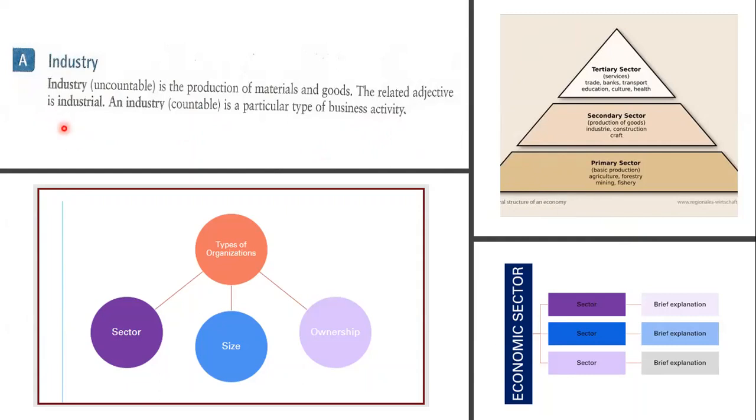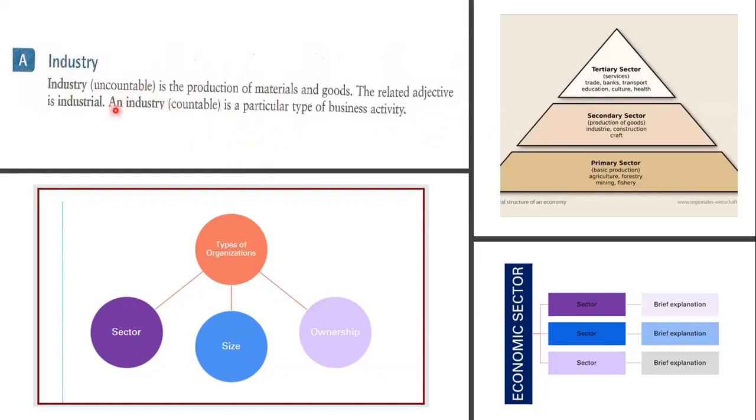So when you want to use it as an adjective, you're going to use industrial. For example, industrial business, industrial activity, industrial sector, etc. An industry, which is a countable noun, is a particular type of business activity. Particular. We're going to check about this later.